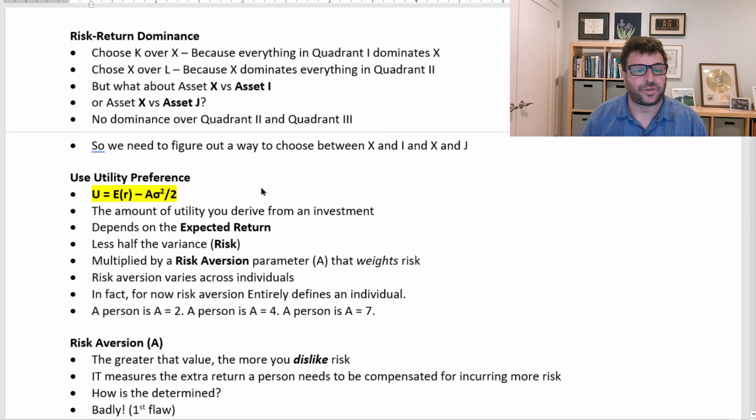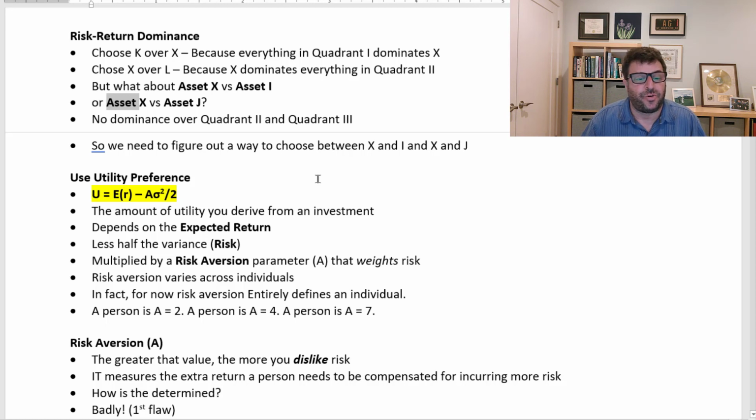So we know that given return dominance, choose K over X because everything in 1 dominates X. Choose X over L because X dominates everything in quadrant 2. But what about asset X and asset I? And what about asset X and asset J? There is no dominance over quadrant 1 and quadrant 3. So we need to figure out some other way to choose between X and I and X and J.